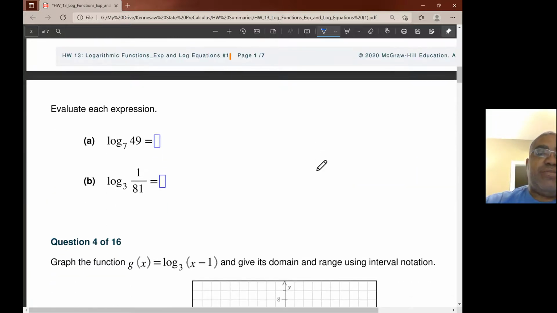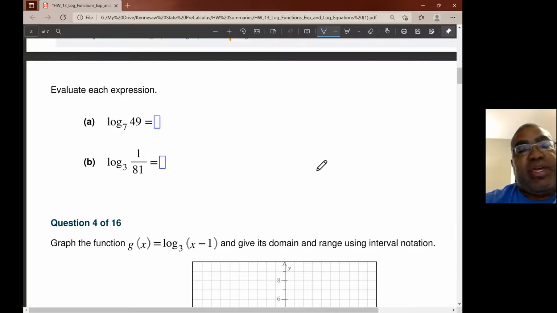Evaluate each expression. The way I think about it is 7 raised to what power is 49? That's 7 squared. Make sure I have this right. And then 3 raised to what power is 1 over 81?